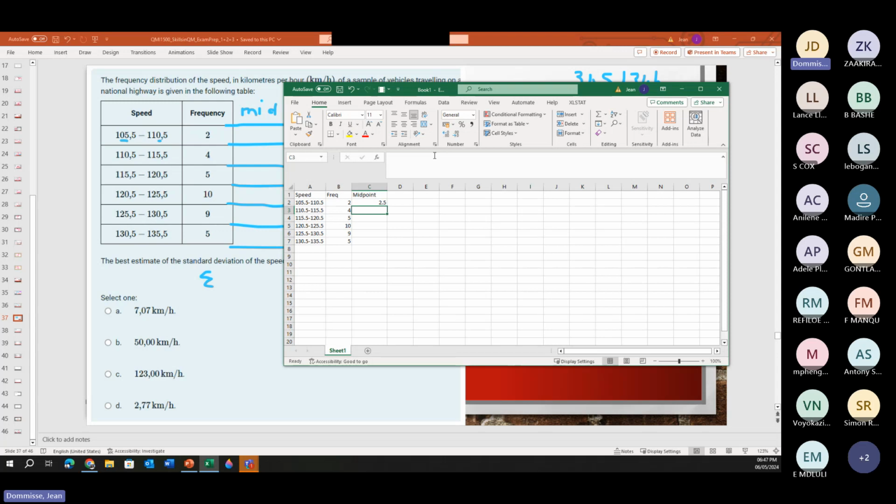But now your midpoint is not 2.5. You still need to add it to that bottom part. So in the end, it will be easier to use a table to write this on.